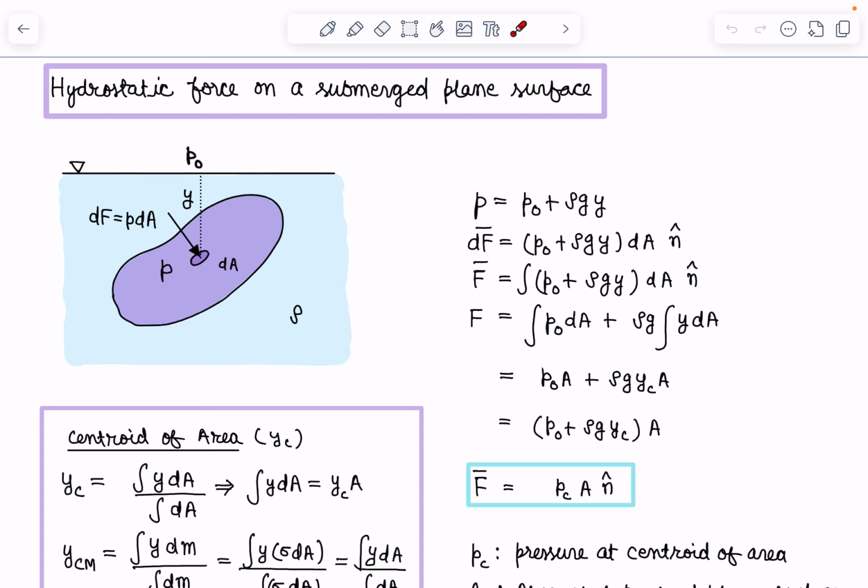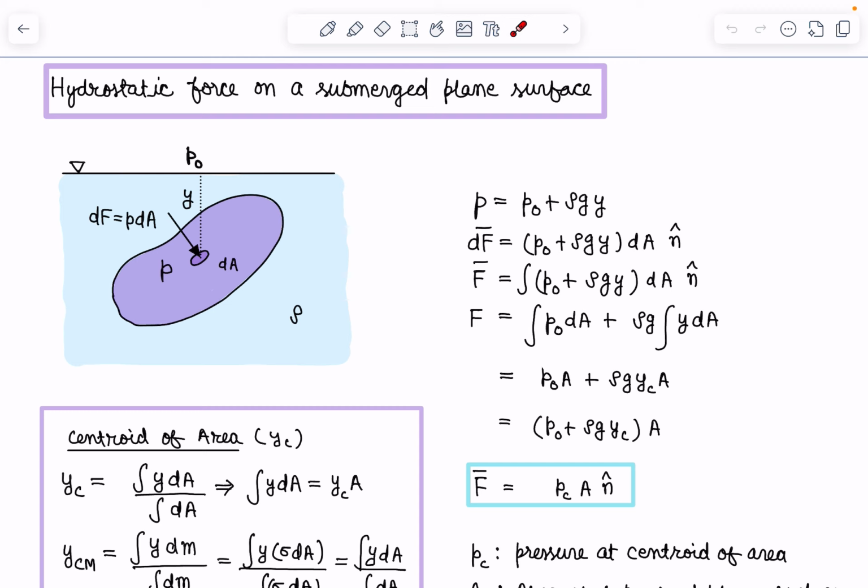So because the pressure profile is non-uniform, we must choose an infinitesimal area, and we can find out the force on that infinitesimal area, which will be equal to P times dA, and this P is going to depend upon the depth of that area from the free surface.